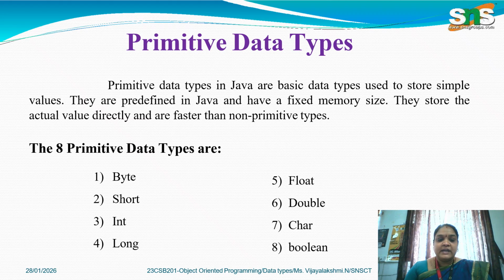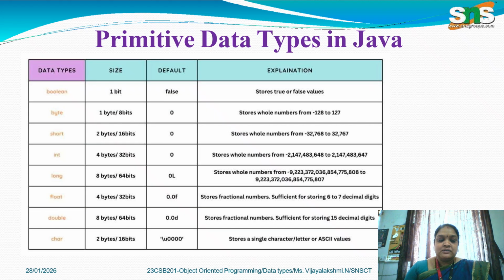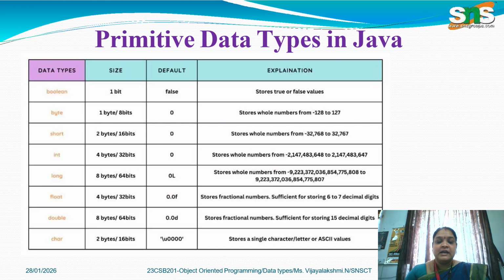Let me move on to the 8 types of primitive data types: byte, short, int, long, float, double, character and boolean. Here the size is mentioned, and the explanation given for each primitive data type. Boolean will give a true or false value, and for byte the default value will be 0.